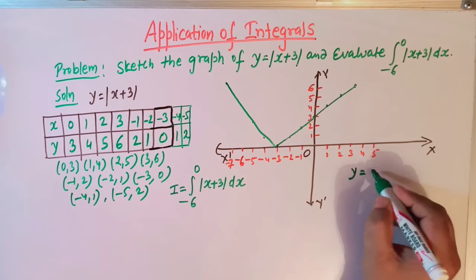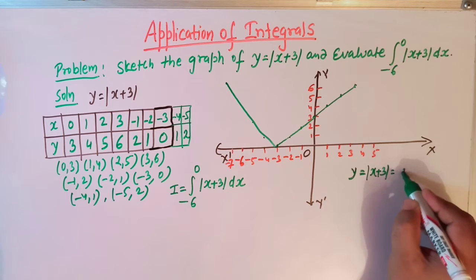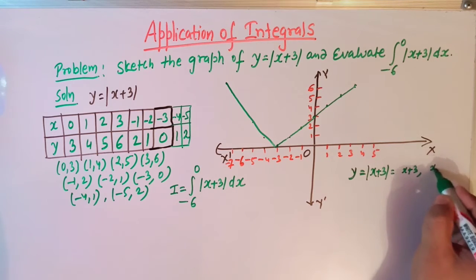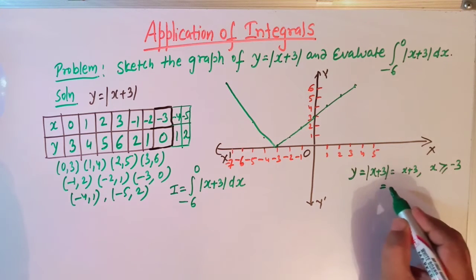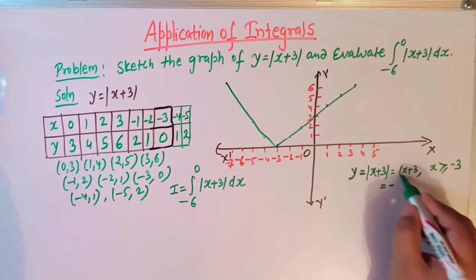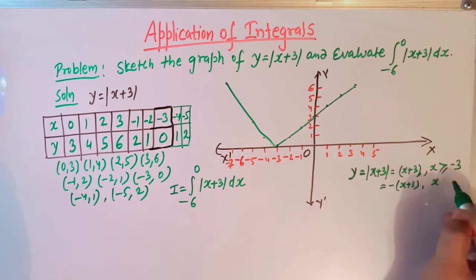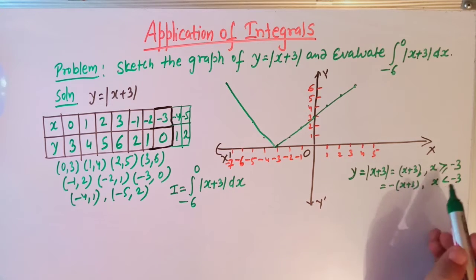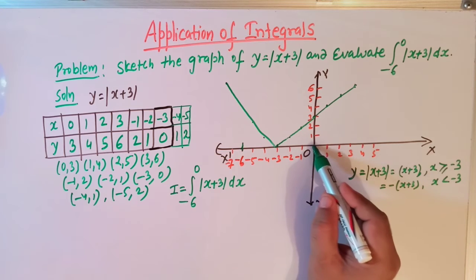So y equal to mod of x plus 3 is equal to x plus 3 if x is greater than or equal to minus 3, and this is equal to minus of x plus 3 if x is less than minus 3.